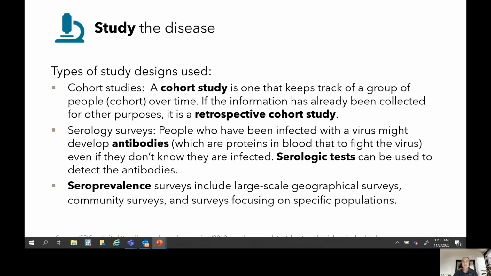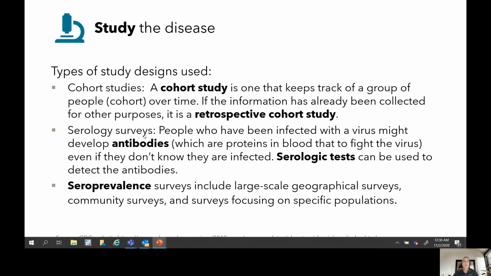Because the exposures are happening before the disease outcomes, you can learn more about what may be associated in a causal way with a potential risk factor, for example. And that's often much more difficult to do in a more cross-sectional survey kind of way. And this can be done both prospectively and retrospectively.